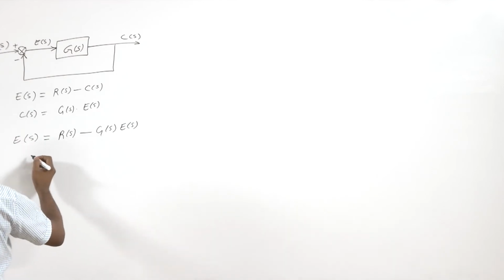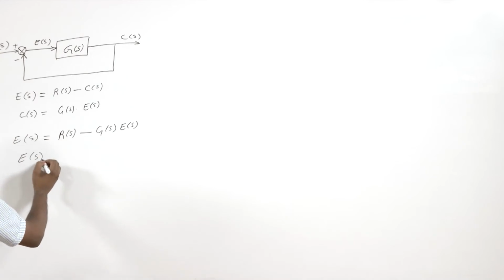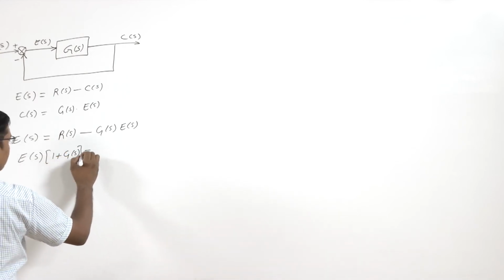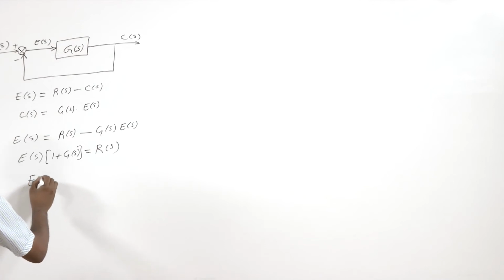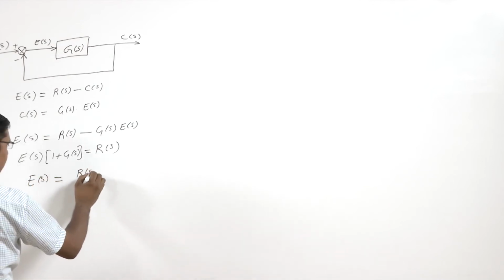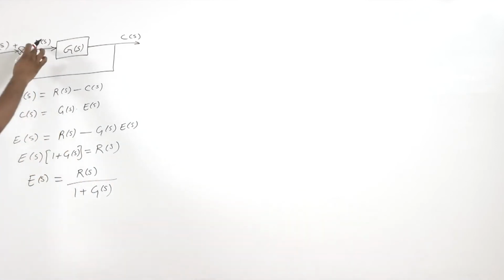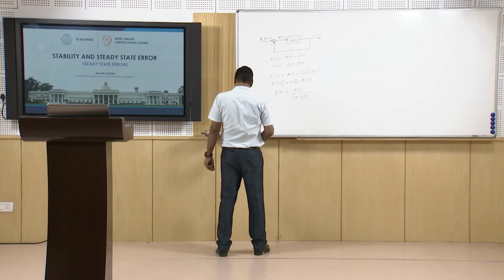So we can write E(s) times 1 plus G(s) equal to R(s), and so E(s) equal to R(s) upon 1 plus G(s), because this is the error function that we can find.